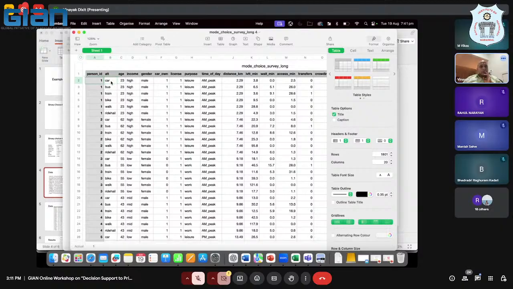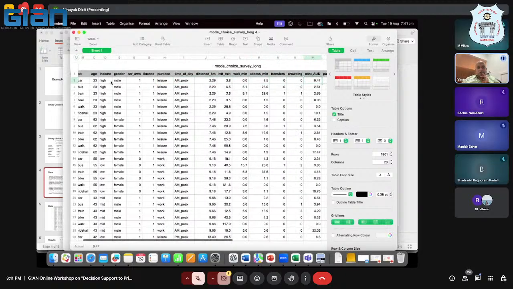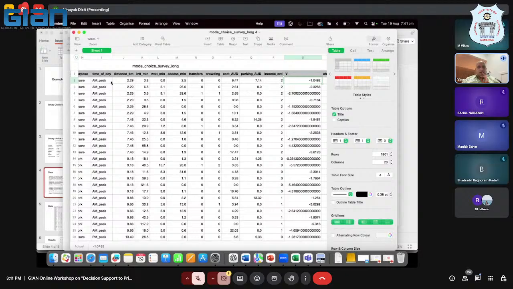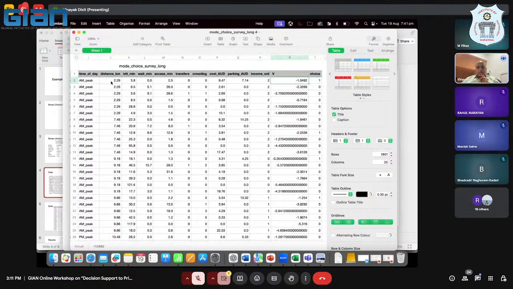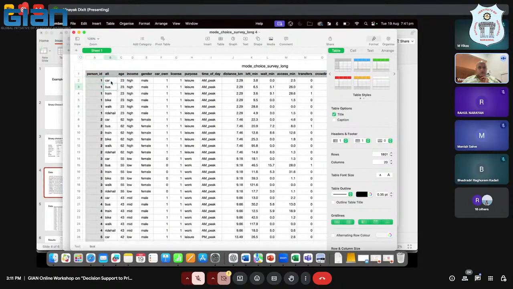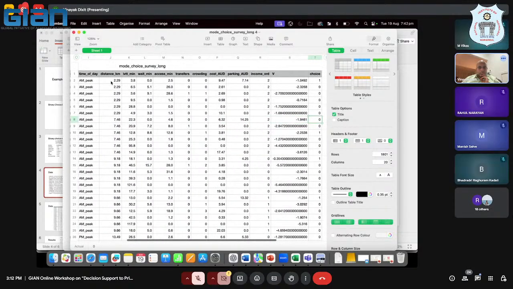The person chose car for the first one, and we have the time of day, distance, IVTT, and all of that information here, right? And this is giving the utility here. So it's chosen car. It's bus, train, bike, walk, ride hail.